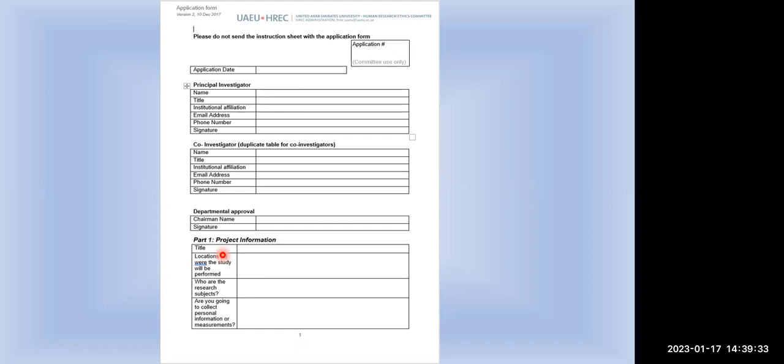So part of the research will be done in our university, and part of it, the samples, will be taken from the hospital.